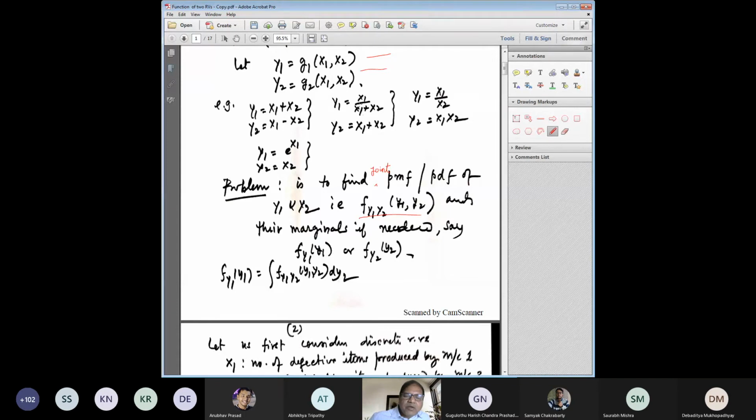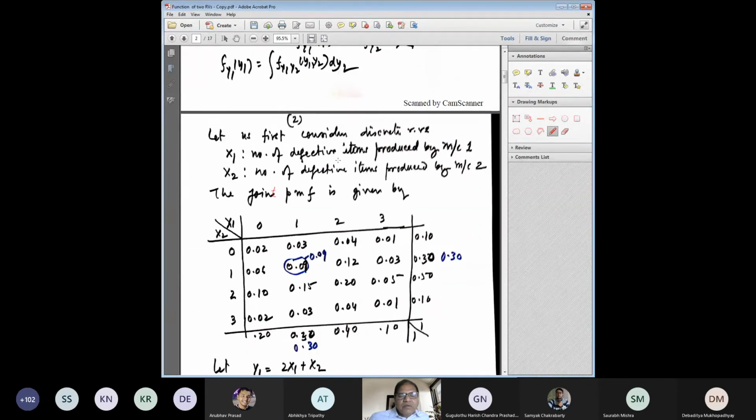How to get it? In order to get the density function of y1, we define another random variable y2. It is your choice. Say, for example, I define y2 as x2. Then I can find the joint density function of y1 and y2, and once we have it, we can integrate over y2 and get the density function of y1.